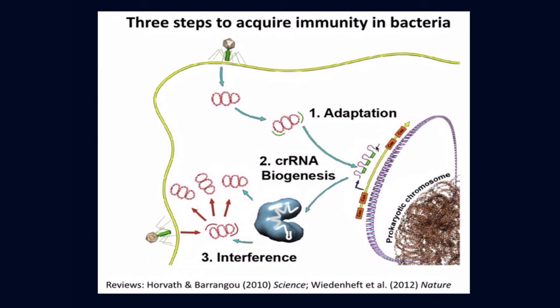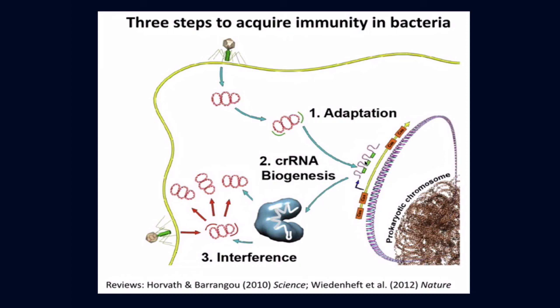And not only that, but this is immunity. The CRISPR-Cas system is immunity that bacteria can acquire and then pass on to their offspring, which is also a non-Mendelian inheritance pattern if you think about it. So it's fascinating from a transmission standpoint as well as a biotechnology standpoint.